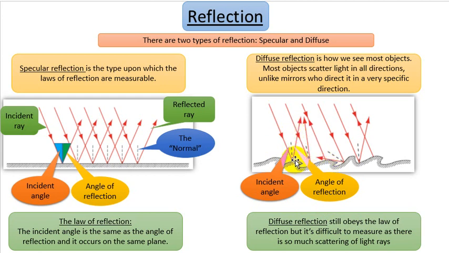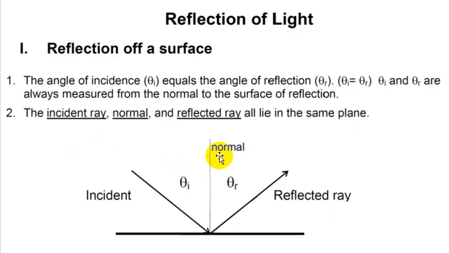Because the incident rays are parallel, traveling toward the surface, but the reflected rays are not parallel. It's more difficult because they are scattered in all directions, guys. For example, look here, the incident angle is equal to the reflected angle by the law of reflection.